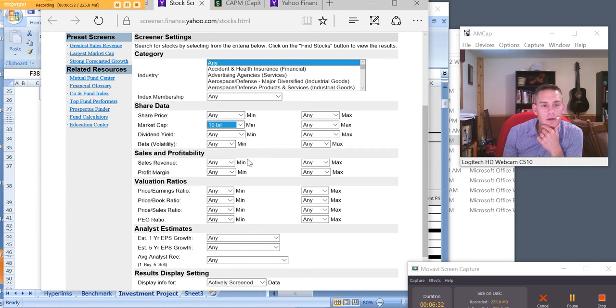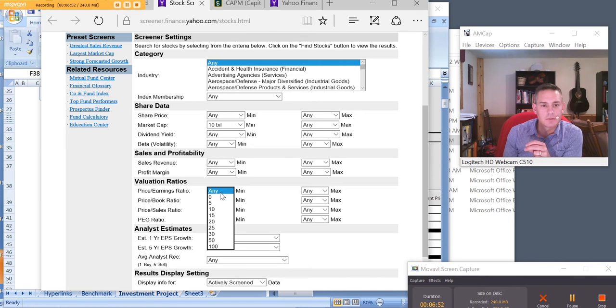Then the next thing I'm going to look at is the price to earnings ratio, or the P/E ratio. Now, we learned earlier that the average P/E of the S&P 500 is somewhere around 15. So what we want to find is stocks that trade under a P/E ratio of 15.